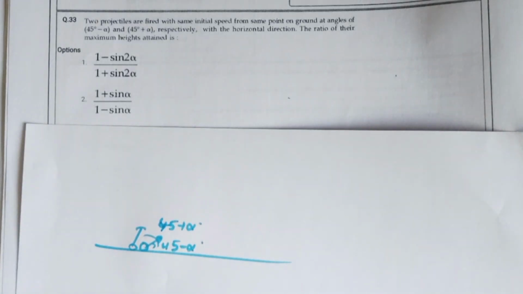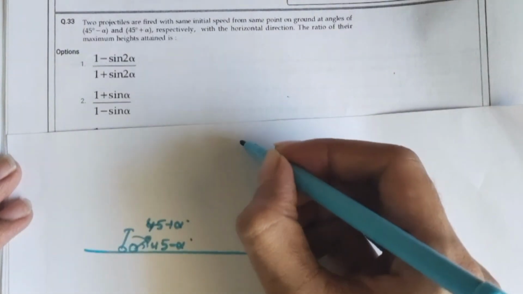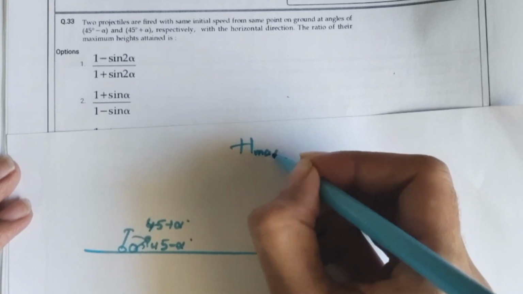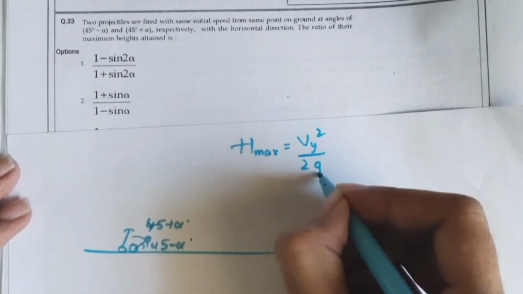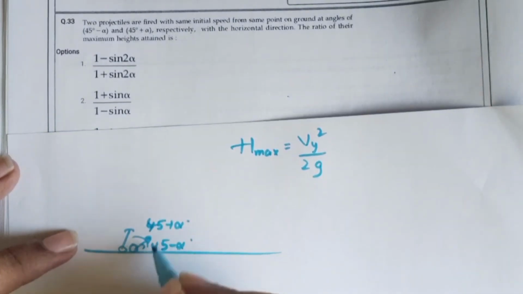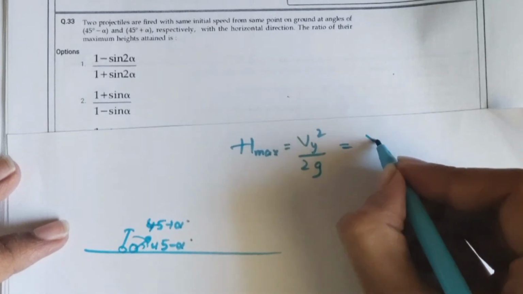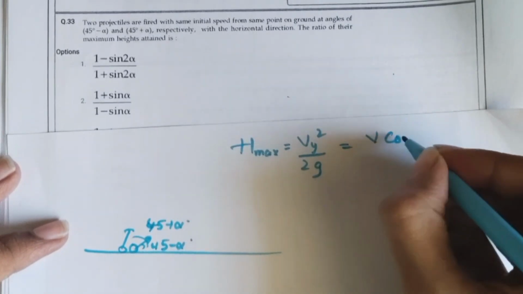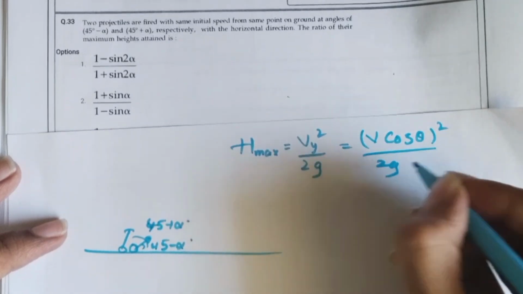So we knew the formula for maximum height. What is the formula for maximum height? H max equal to Vy square upon 2g. Vy is vertical velocity. So what will be the vertical velocity component? That is total velocity into cos theta whole square upon 2g.